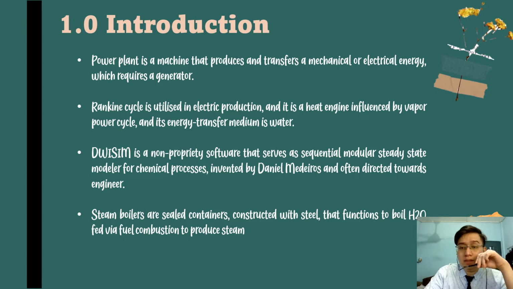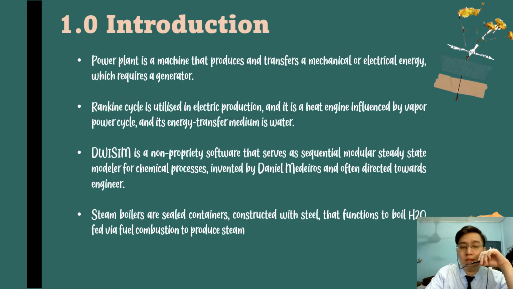In short, this is a type of software that allows you to simulate chemical processes digitally, and it was invented by Daniel Medeiros and is often used by engineers worldwide. Being non-proprietary means it is free software.